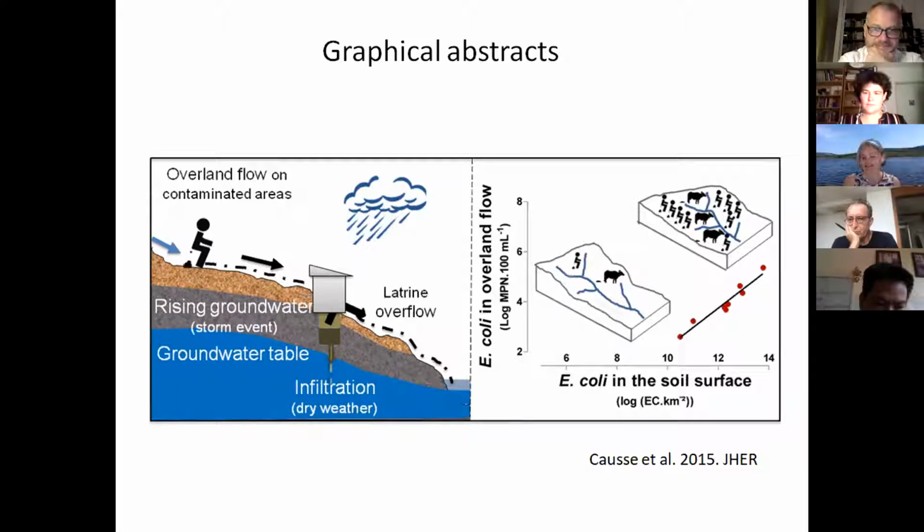And I know this, and so I never construct my own graphical abstracts. I ask one of my co-authors to do it, because I know I am capable of doing something so ugly nobody will read the article. And so here we have an example of one, and as you can see, it's a study on water contamination.